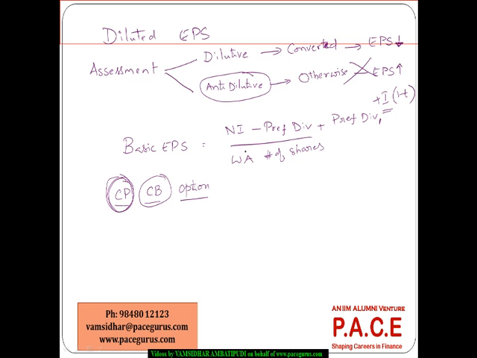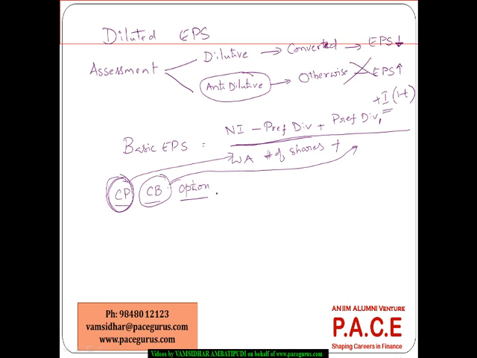And regarding the weighted average number of shares, we would be seeing, for one convertible preferred stock, how many equity shares it is getting converted into, and add it up. For each convertible bond, how many equity shares are getting created? I'll add that too.